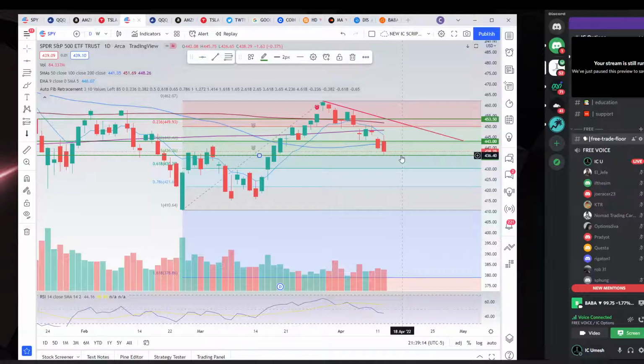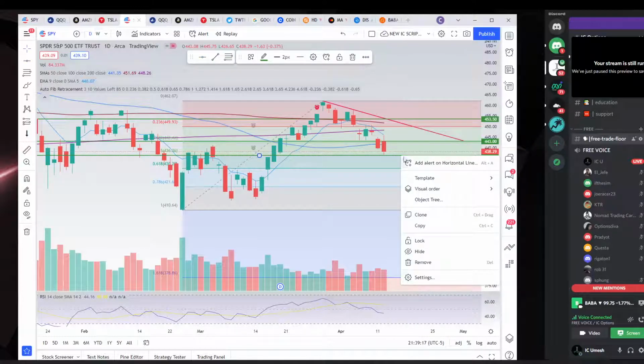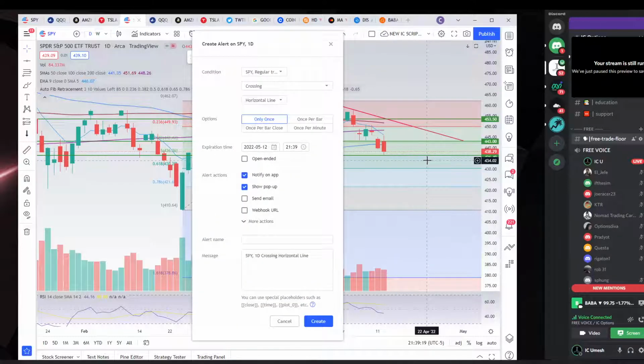I'll keep it at 40. I'm going to right click on it. I'm going to add alert, crossing down, and I'm going to name this one short below this level. Alright, I'm going to create this.